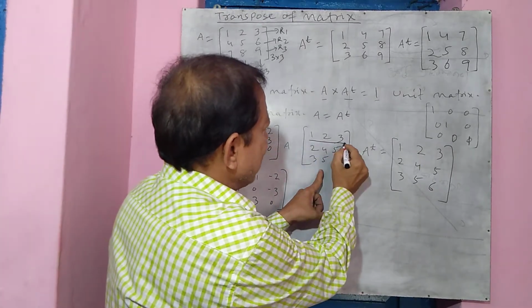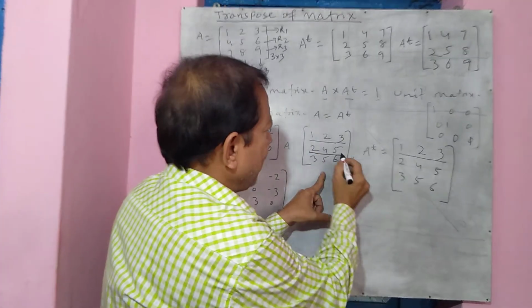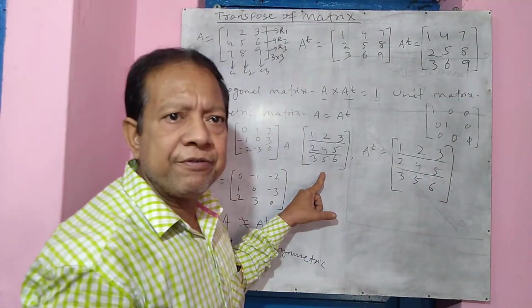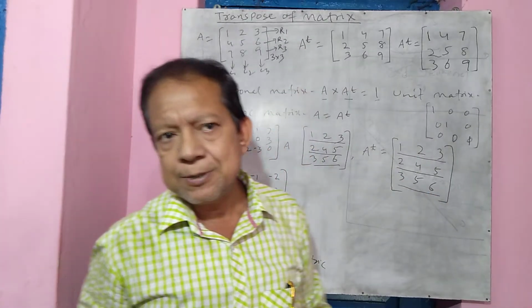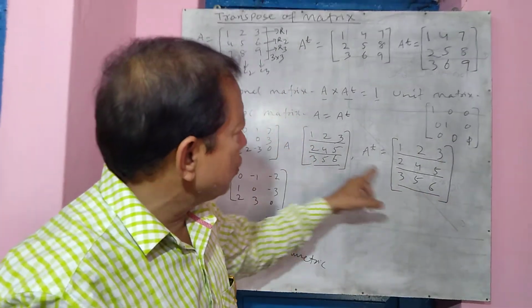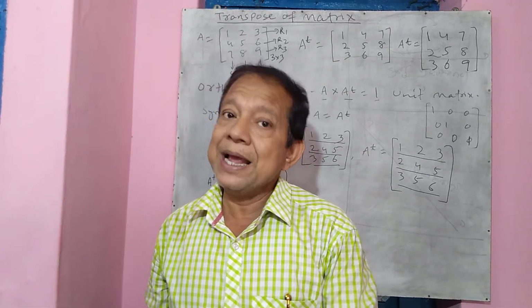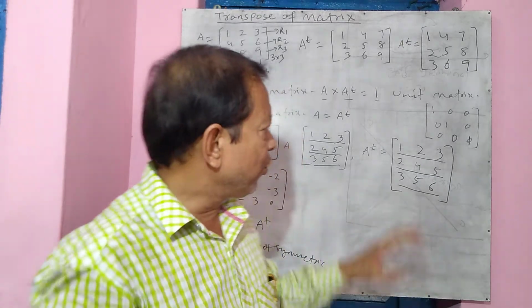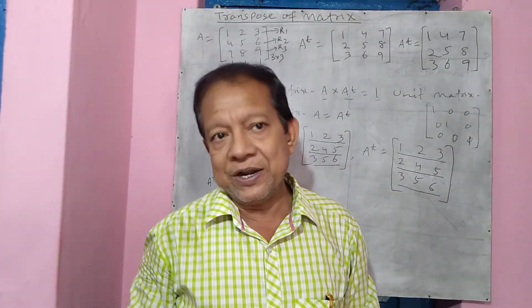The first row is 1 2 3, the first row again is 1 2 3, the second row is 2 4 5, the second row is again 2 4 5, the third row is 3 5 6, the third row is again 3 5 6. So after transpose also, the elements remain the same. Therefore we call these two matrices symmetric matrices.